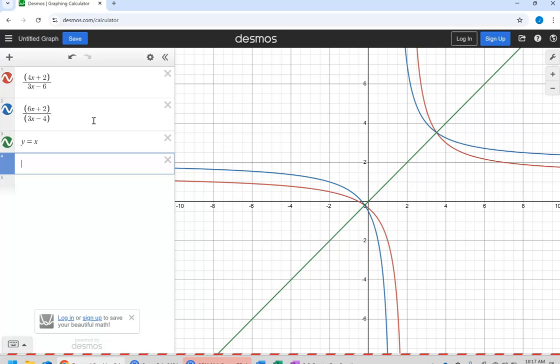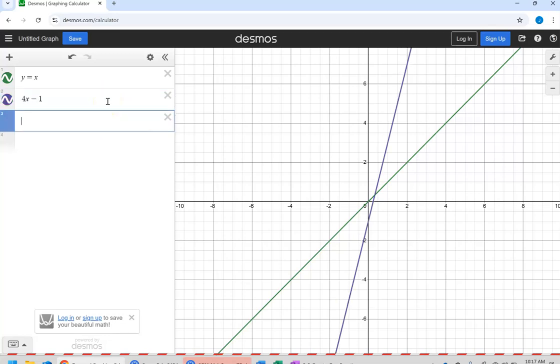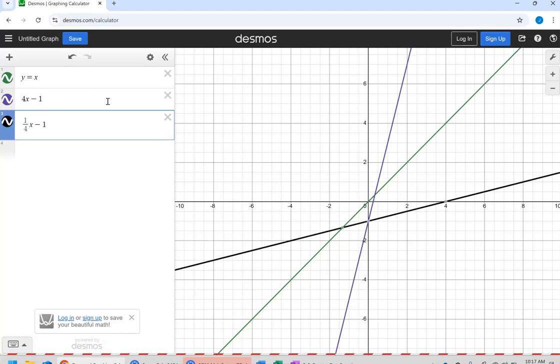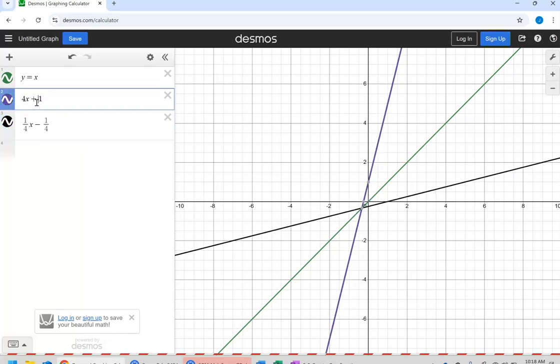It's a little harder to see with that one. That one's not particularly interesting. Let's do the one we just did and make it maybe a little bit better picture. We had 4x plus 1, and then the other one was 1/4 x minus 1/4. Sorry, there we go.